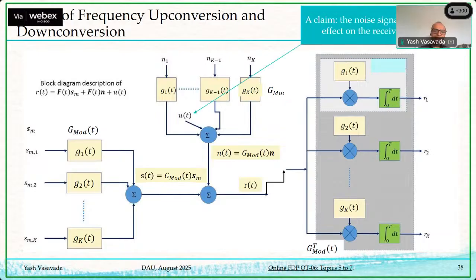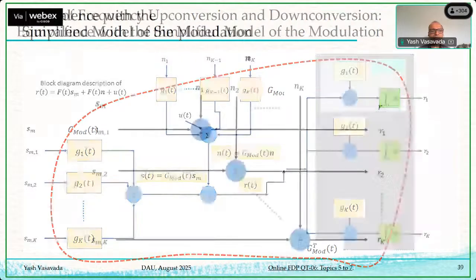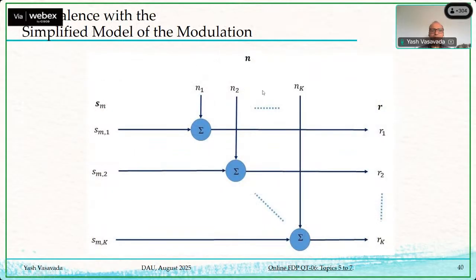And so all of this transmission, channel propagation, and at the receiver, the matched filtering operation, because of this property that this matrix G mode has, meaning that its transpose is its inverse, all of the part which is shown in the red cancels out, and what we get is simply a very simple diagram.